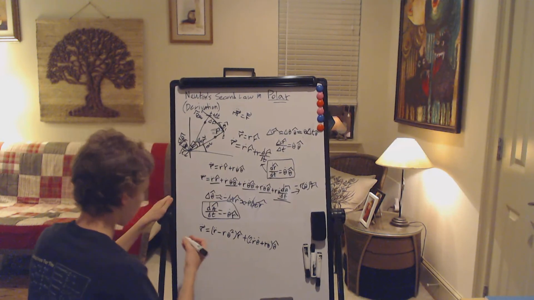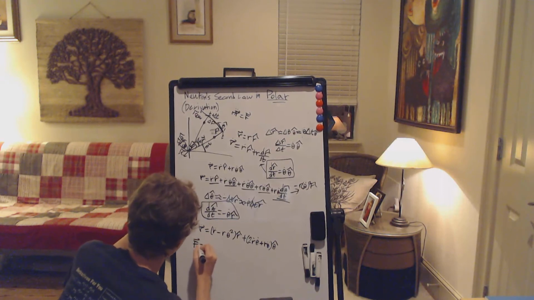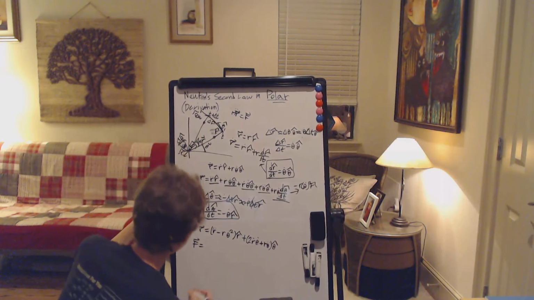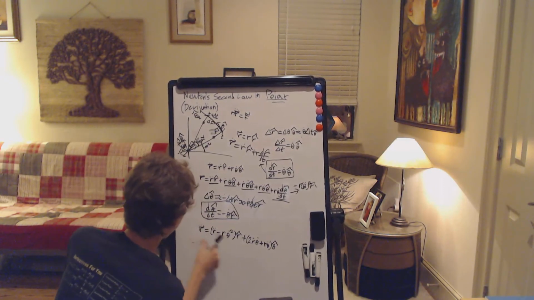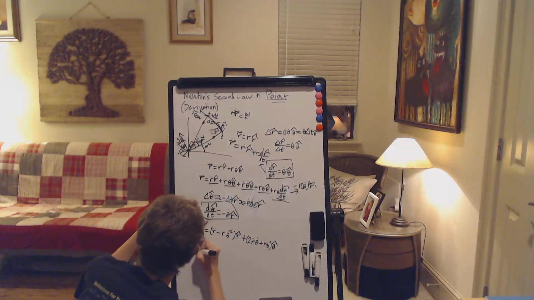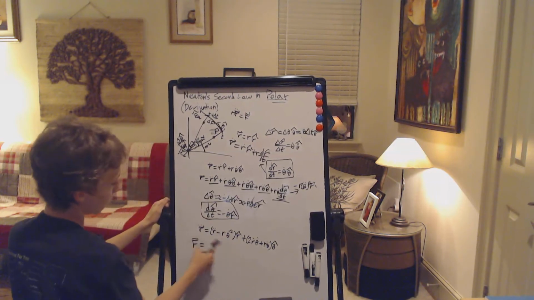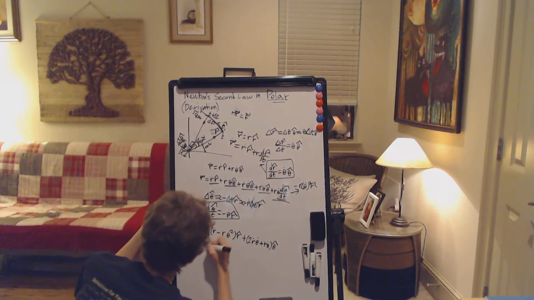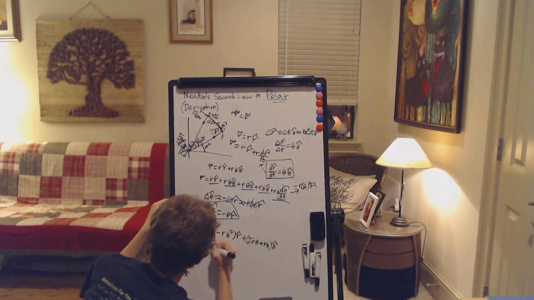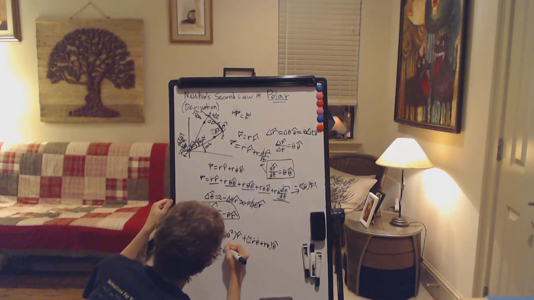So I'll write our finalized result, which is that the force F, I'll write it in component form. Our force in the r direction is going to be equal to m times r double dot minus m r theta dot squared.